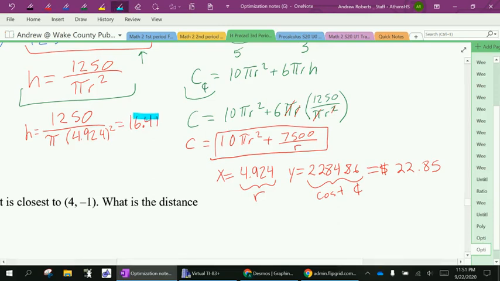So I've got my height, I've got my radius, and I have my minimum cost, which is $22.85.